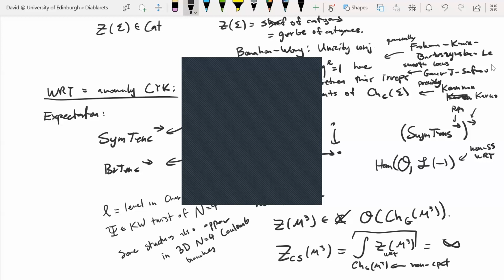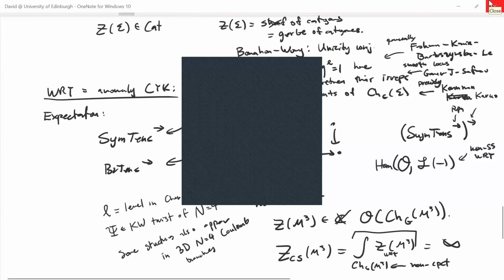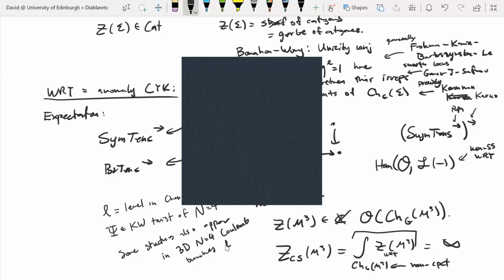So that is the character stack, for instance, is the Coulomb branch of a 3D n equals 4 theory for the corresponding surface, say. And basically, I think that the L or the psi is some ratio of omega parameters.